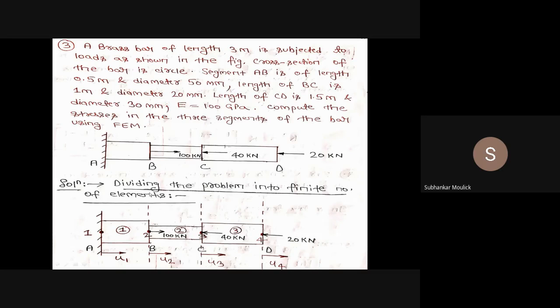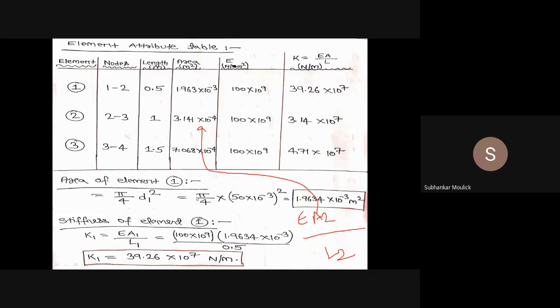It is given. L2 means the length of element 2. Element 2 is BC. Its length is 1 meter. That means this value of L will be 1 meter. If you compute this expression, you will get the stiffness of the second element. In a similar manner, compute the stiffness of the third element, which will come out to be 4.71 into 10 to the power 7 Newton per meter.